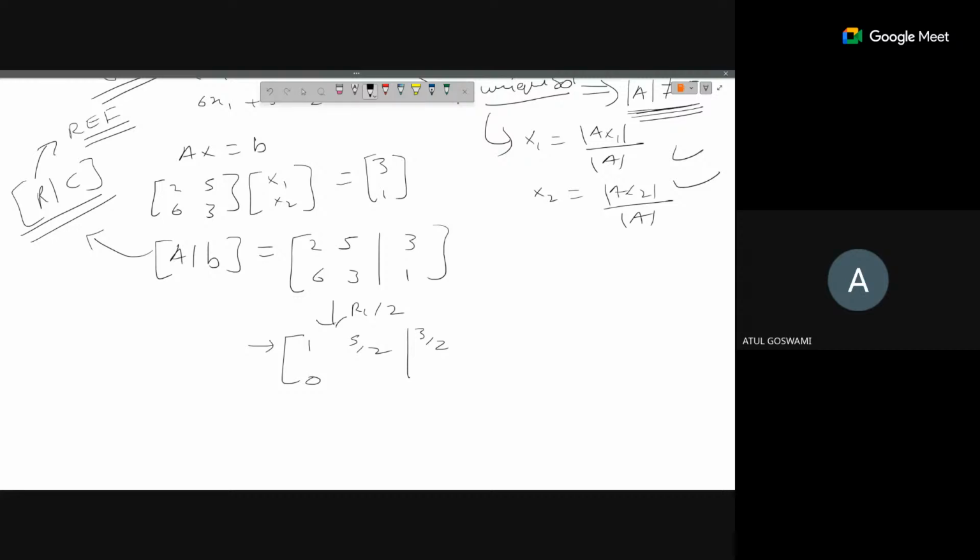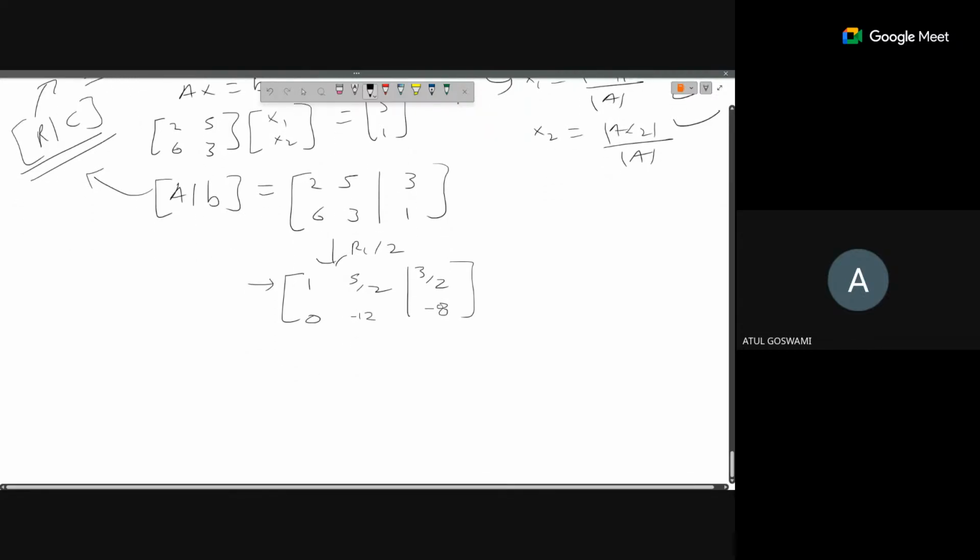So 3 minus 15 is minus 12. And 6 times 3 by 2 is 9, so 1 minus 9 is minus 8. I applied the two operations together.